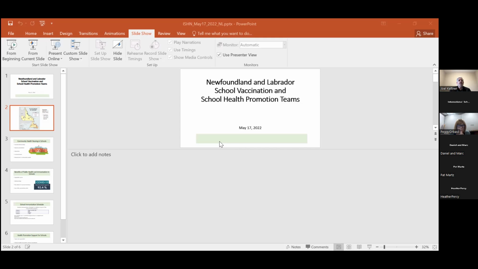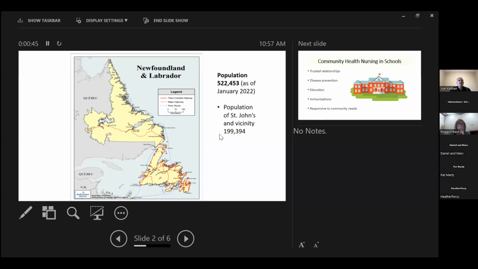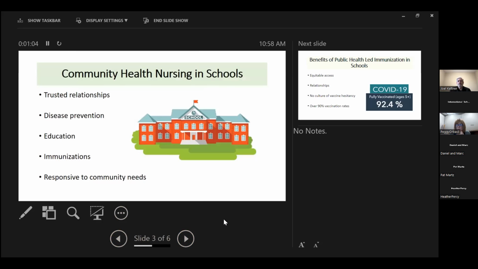Can you click on From Beginning at the far left, under the word File? There you go. Okay, we do have the Newfoundland map now on the screen. Do you see the map there? Yes. And do you see the school community health nursing slide? Yes. And then you also see the next note? Yes. Is that all right with everyone, your view? Yeah, I think it's pretty clear. Okay.